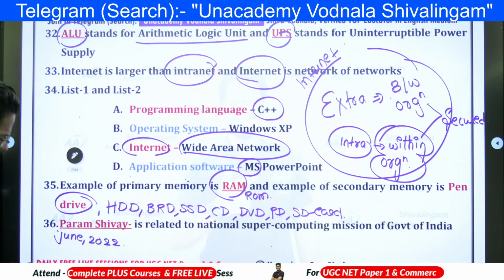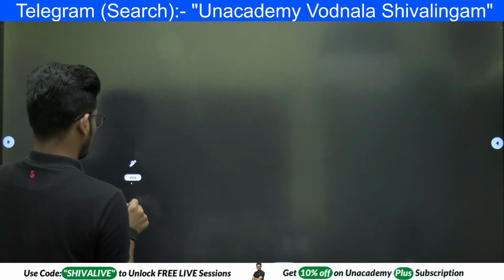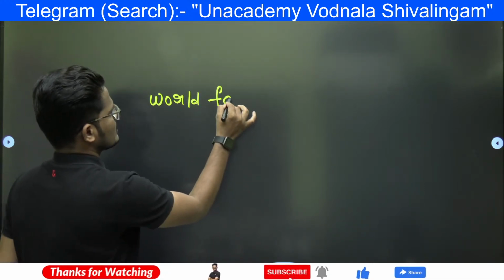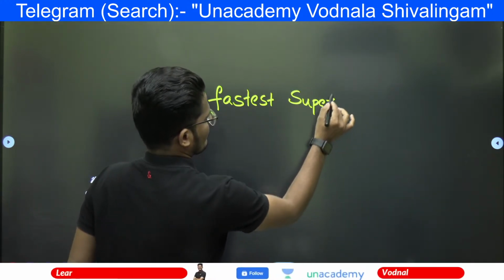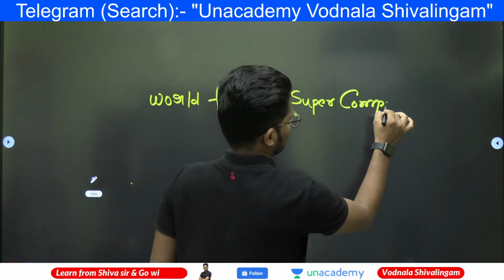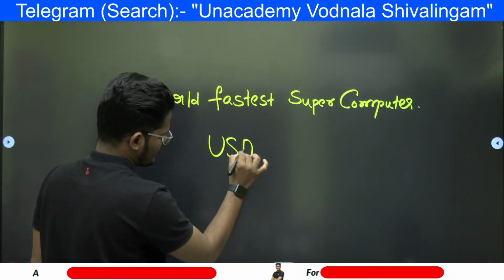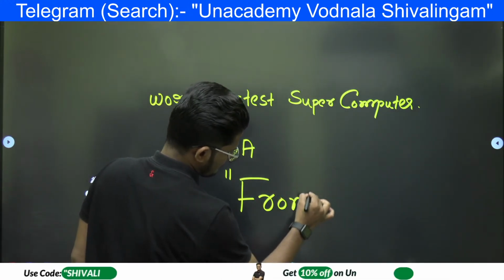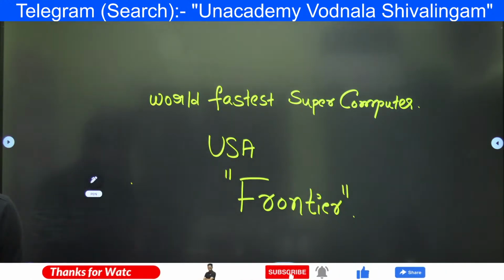The world's fastest supercomputer is Frontier, from the United States of America. Whereas in India it is Param Shivai or Param Pravega.